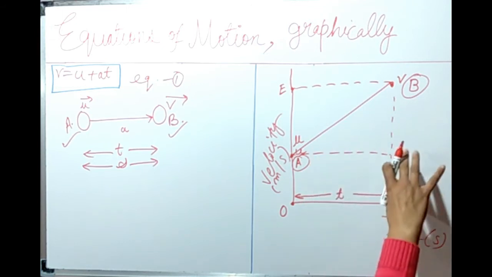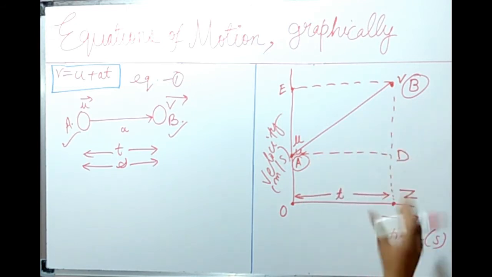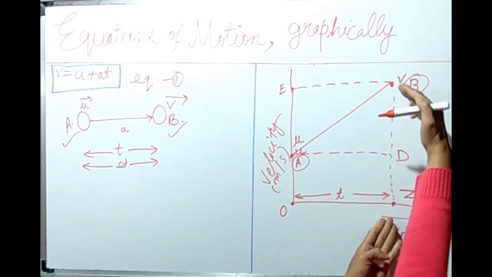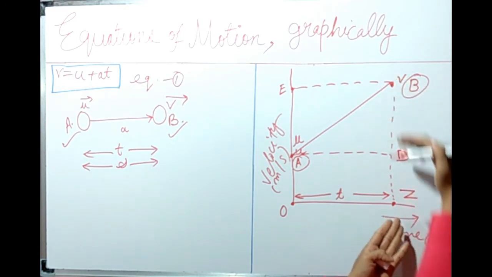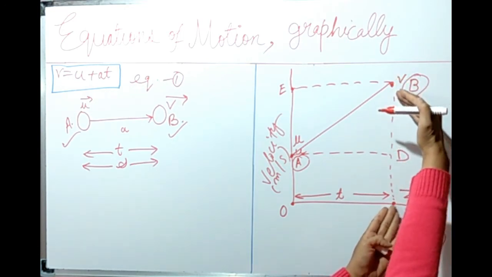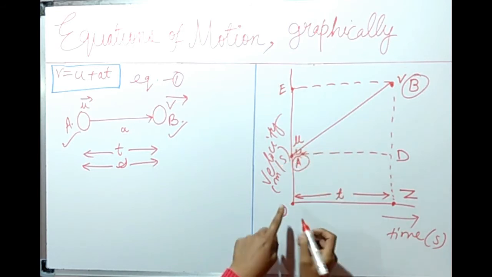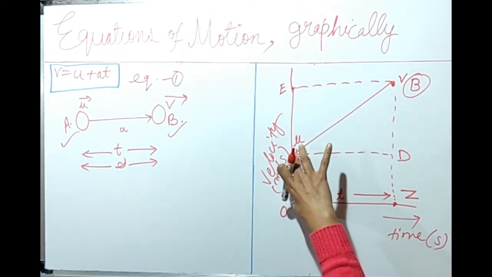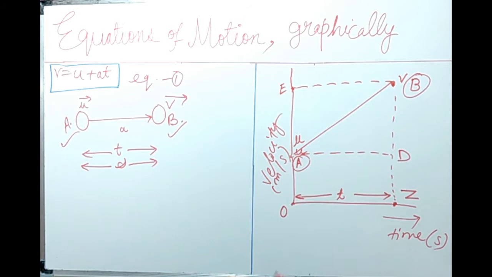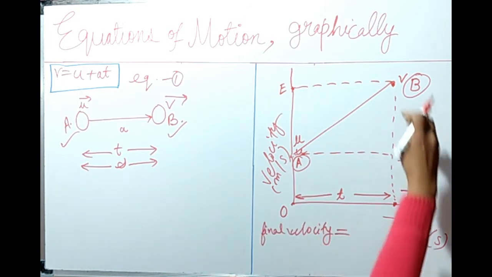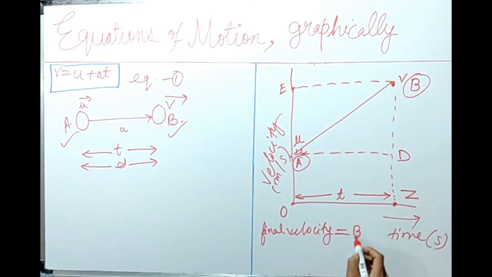Now from the graph, you can see what the final velocity is. This distance BZ is the final velocity v, and this distance OA, this is O and this is A, is the initial velocity u. Let's write it down here. Final velocity v equal to BZ.